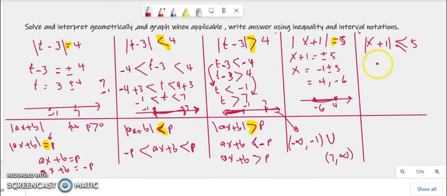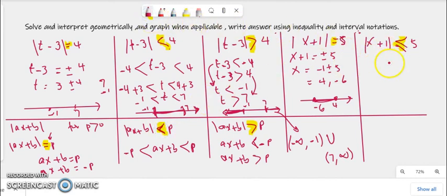Alright, about this one here. It says the absolute value of x plus 1 is less than or equal to 5. So which theorem are we going to apply here? We're going to apply the same theorem as the second problem.